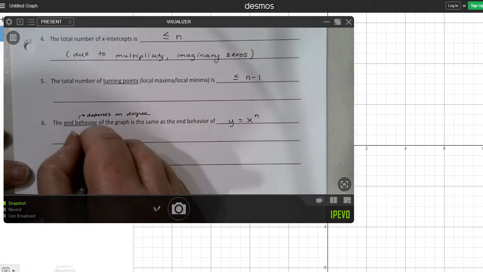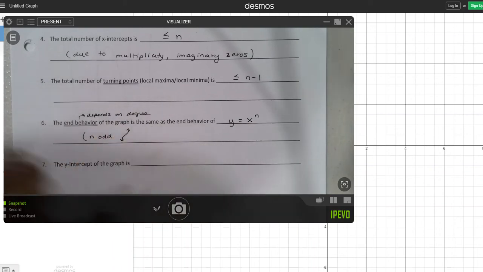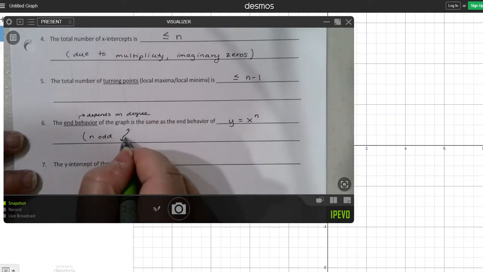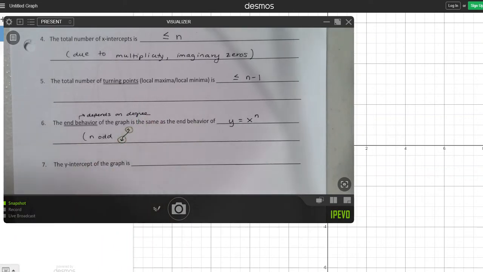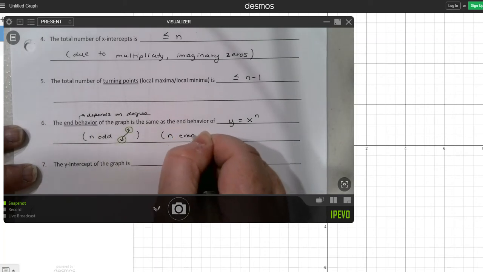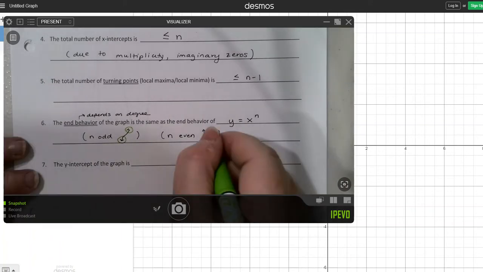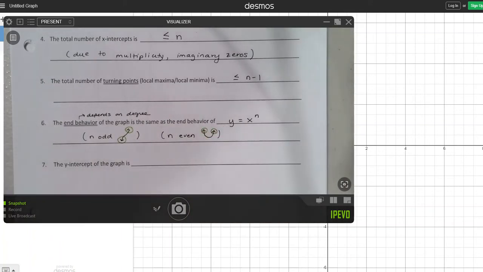If n is odd, the end behavior was down to the left and up to the right. And if n is even, that's the parabola-like ones, then the end behavior is up in both directions.